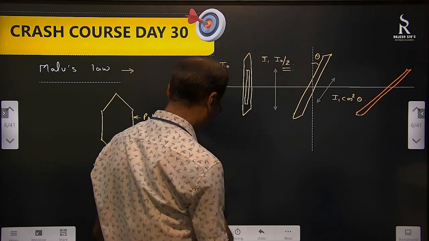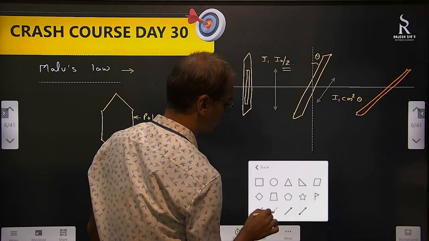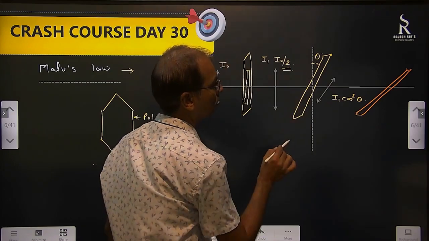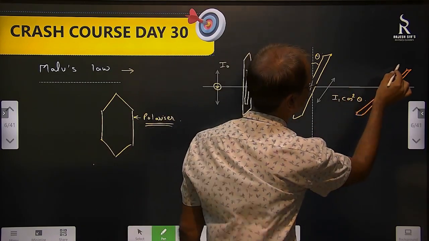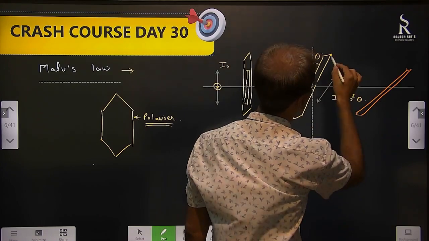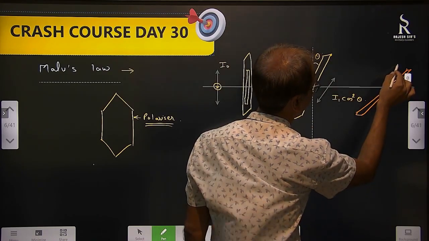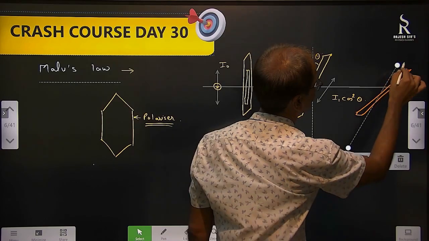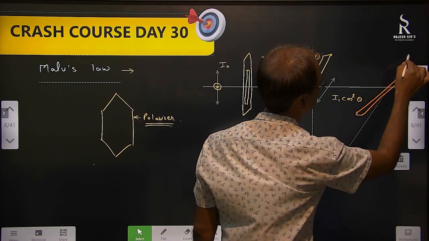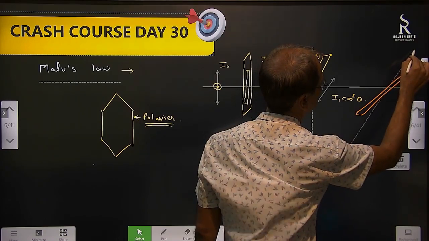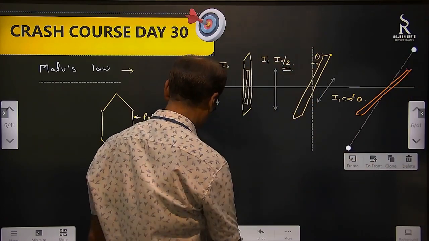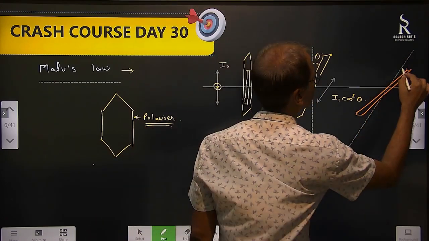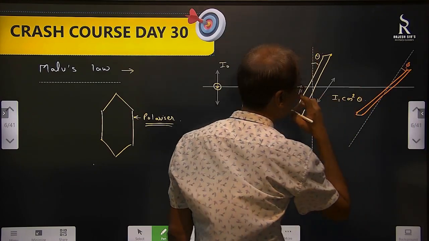So from the previous one, from this one, suppose it's making an angle phi. This is phi. What will happen now?